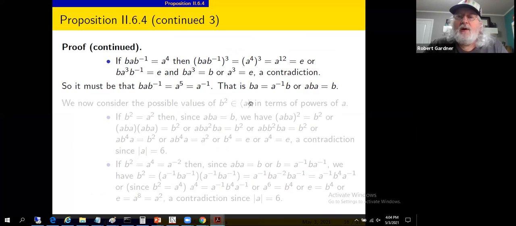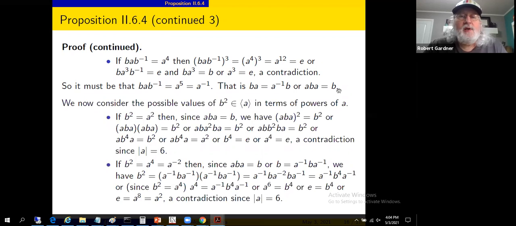All right. So we have established this. It's equivalent to a b a equals b, and it's this thing we're going to manipulate now. Remember, we got here by saying b is not in the group generated by a, but b squared is. So let's see what b squared is in terms of powers of a. Similar to what we had before, we've got an element of this group here.